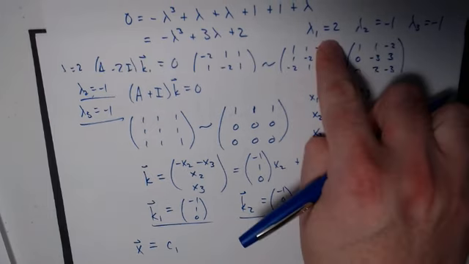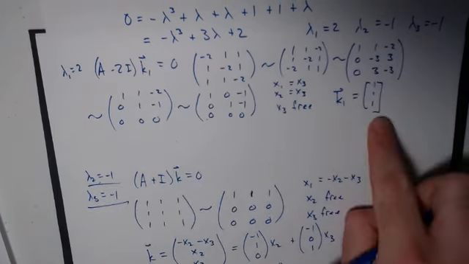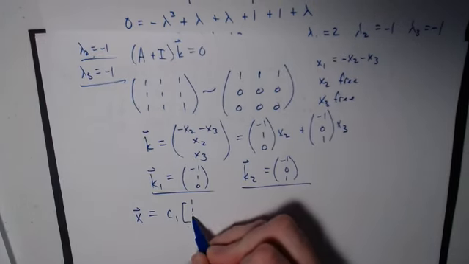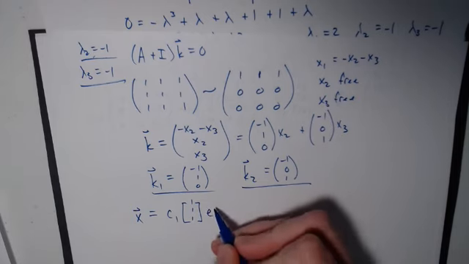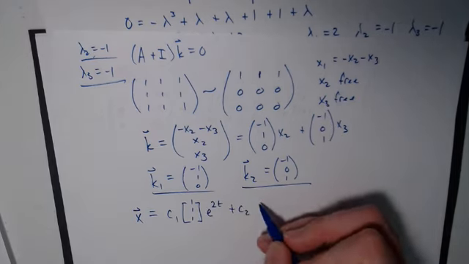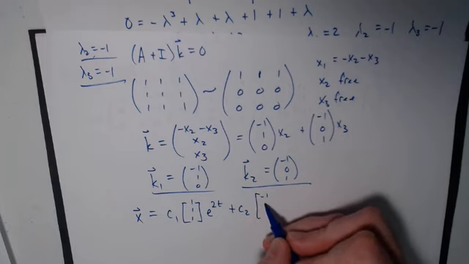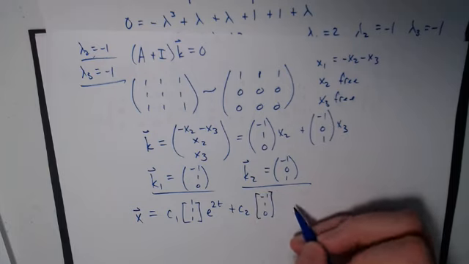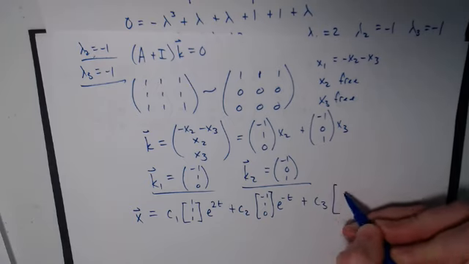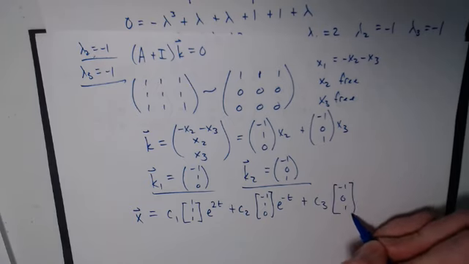And remember, lambda 1 was 2 and k1 was 1, 1, 1. So that's c1 times 1, 1, 1 e to the 2t plus c2 times -1, 1, 0 e to the minus t plus c3 times -1, 0, 1 e to the minus t.